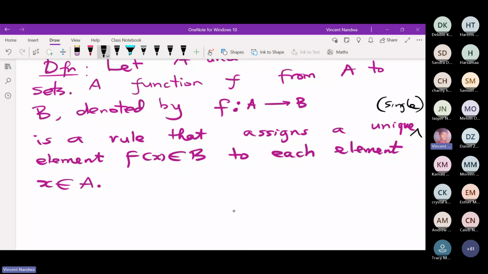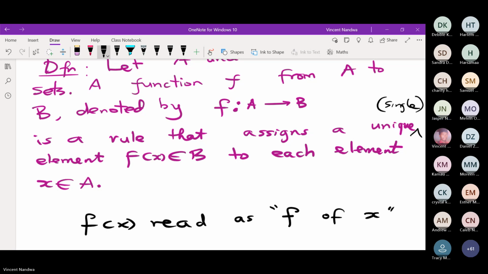So when we write this, we read it as f of x. So we write f, we put x in brackets, then it's read as f of x, not f into brackets x.